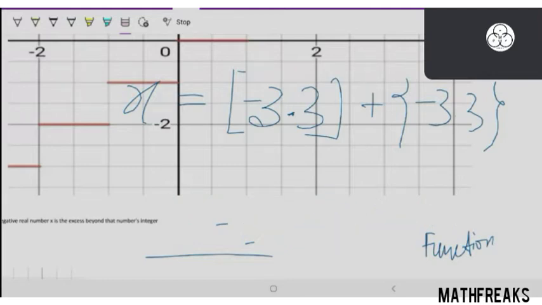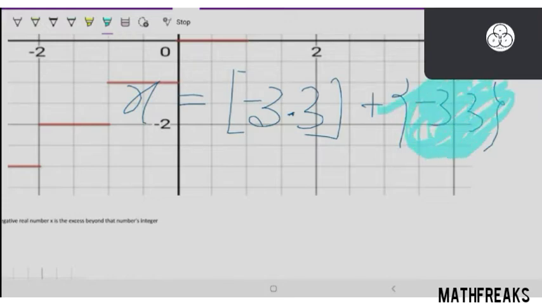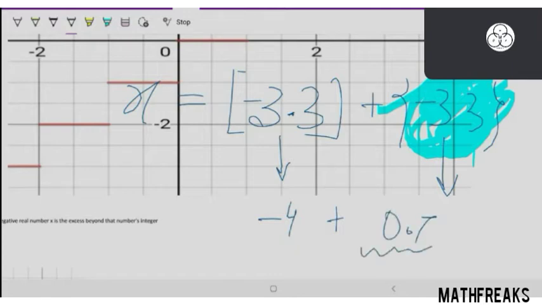And we have seen that every real number has two parts, one integer part and one fractional part. Now where does the fractional part lie between? If we follow the definition, this value will be -4. So this value needs to be 0.7, which will give us -3.3.